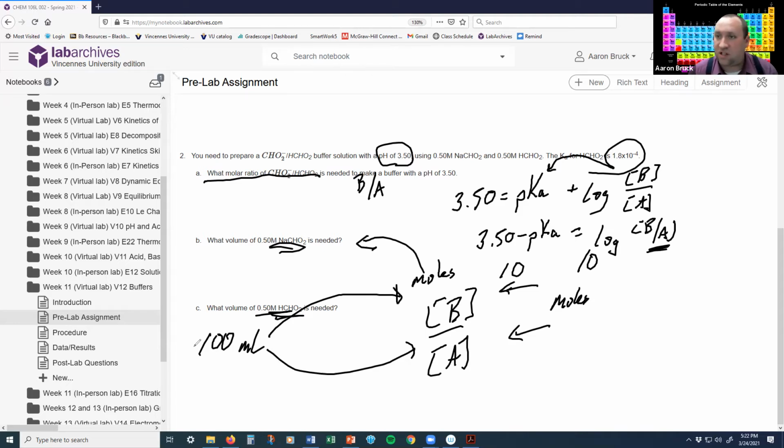The post-lab questions actually get into calculating what should happen to the pH when we add that acid or that base. And that's a calculation that's a little bit more involved than just simply using the Henderson-Hasselbalch equation, although we will end up ending all of those calculations with the Henderson-Hasselbalch equation, just like we did here.